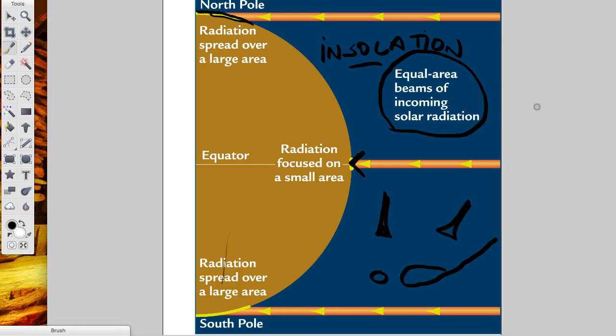It's going to be lighter looking on the ground. All right, and that's how we get unequal heating on Earth's surface, because the flux density of solar radiation, that is watts per meter squared, so energy per time per square meter, is going to be less at the poles than it is going to be at the equator.